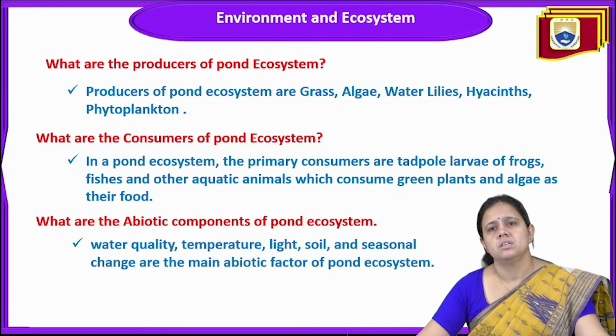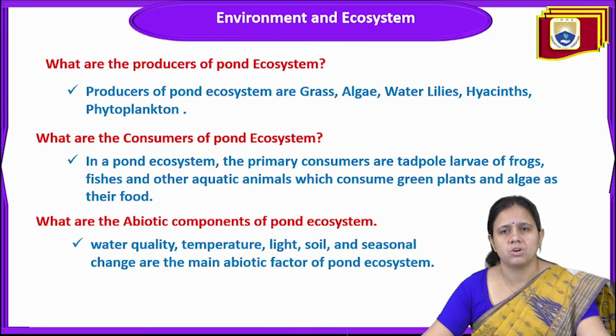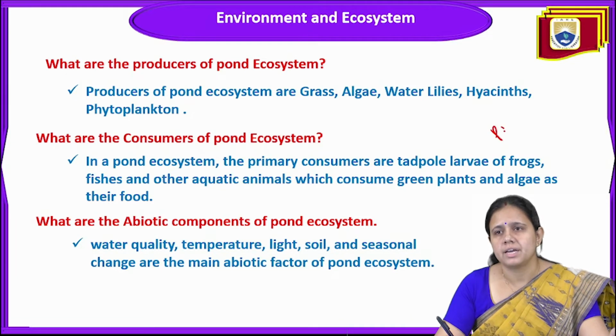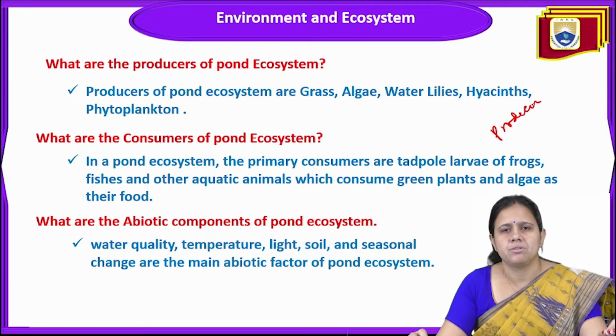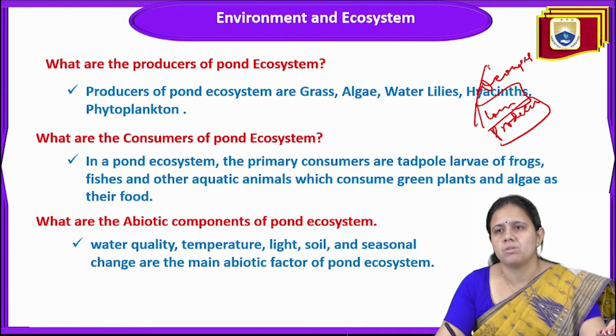Now we come to the different trophic levels of the pond ecosystem. The first trophic level of the pond ecosystem is, again, the producer. This is the common structure of any ecosystem: first the producer, then the consumer, then the decomposer. That's why it is already in the shape of a pyramid.